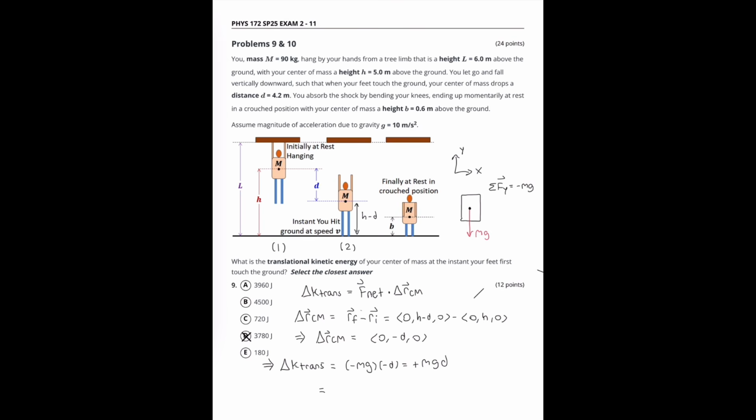And we can simplify that, so that will be 90 kg for our mass times 10 meters per second squared times our distance d of 4.2 meters, and that will give us 3,780 kg times meters squared per second squared, and that is the same thing as 3,780 joules. So this will correspond to answer choice D.